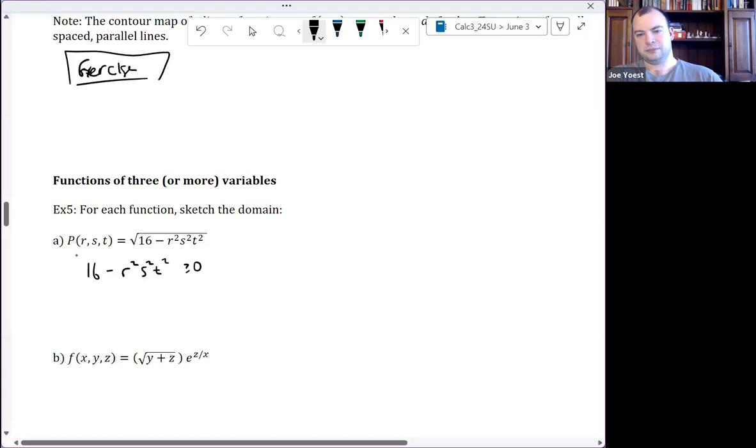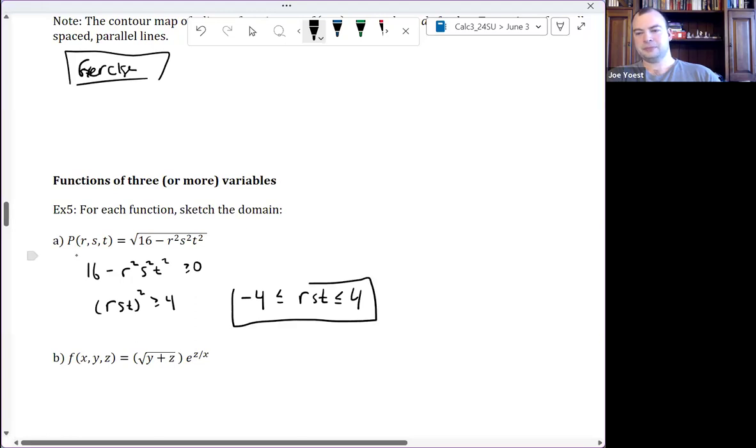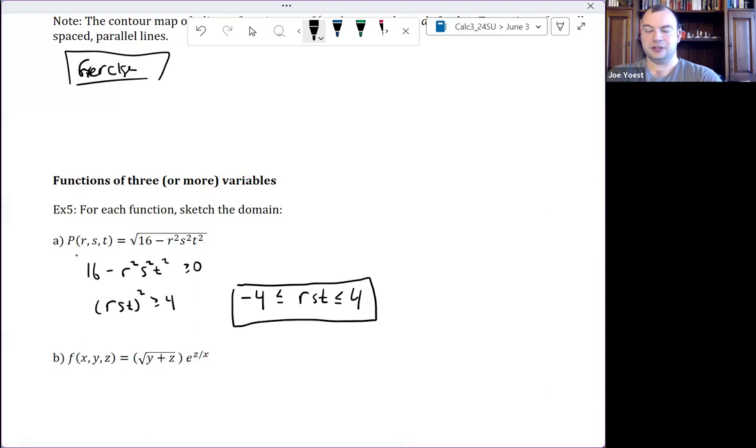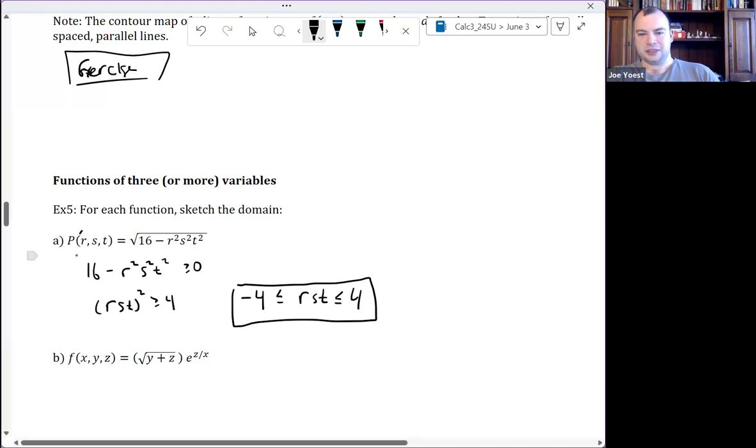Well, this means that r times s times t squared has to be bigger than or equal to 4, or this means that -4 has to be less than or equal to RST, which has to be less than or equal to +4. That's the algebraic restriction on our domain.